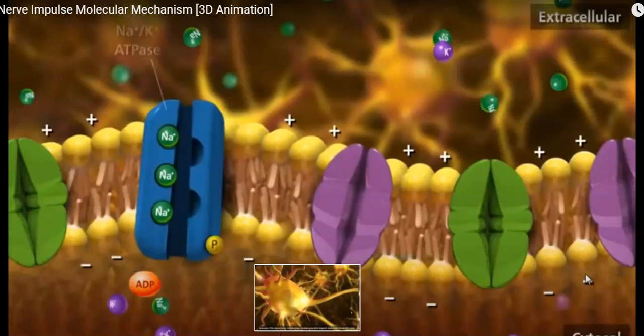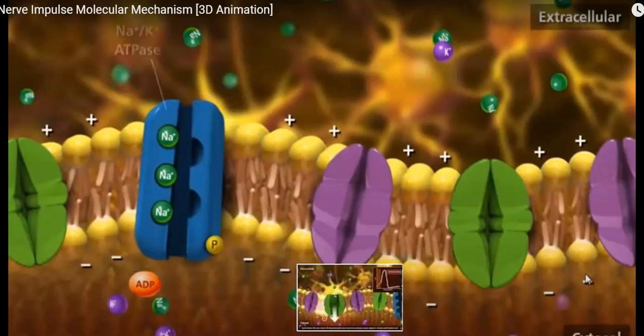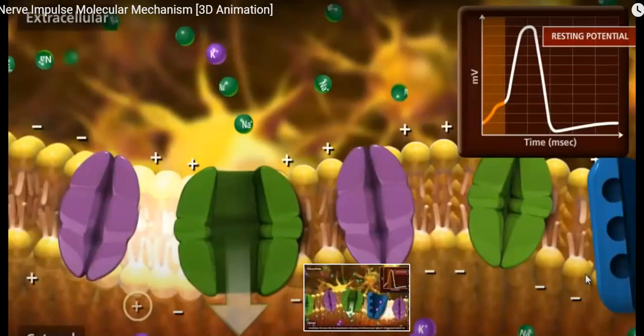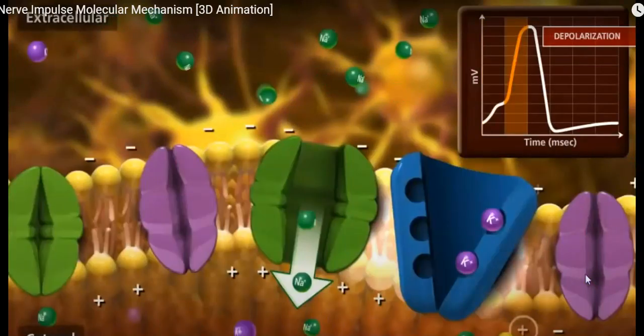And so if we look here, see if I can find where that's going to happen. Yeah. Here, the sodium gates are opening. Sodium rushes in, and now the inside is positive, and the outside, well, they show negative. That's a little bit of a misrepresentation, but basically you can see there's a charge difference that happens here.